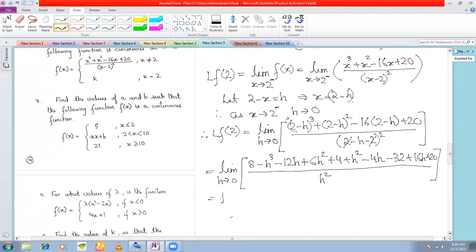This is equal to the limit h tends to 0.